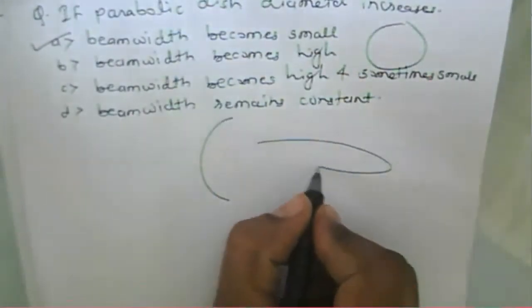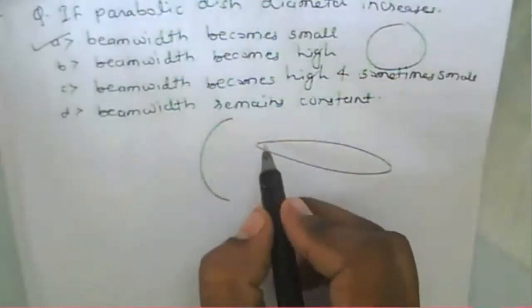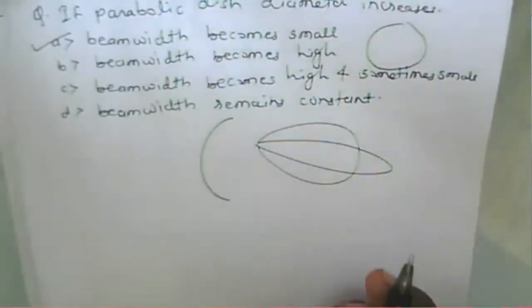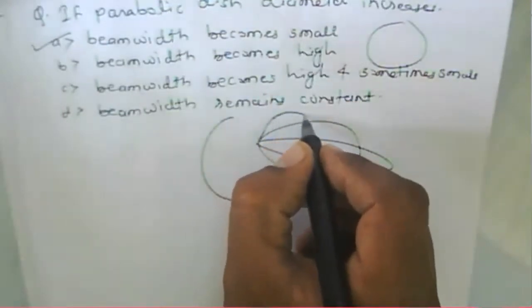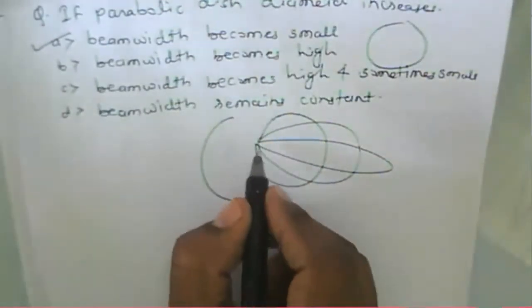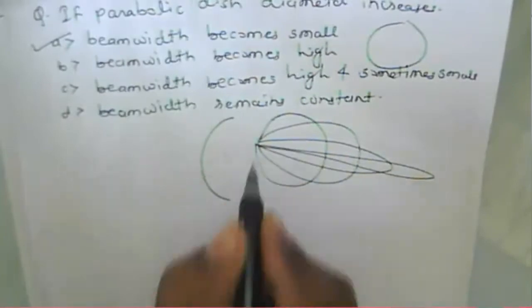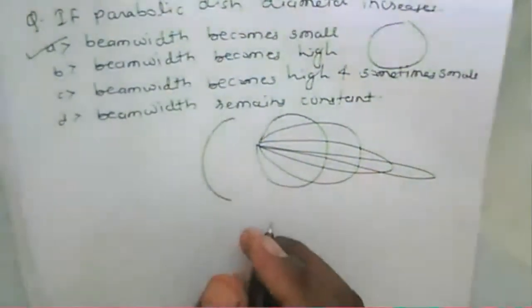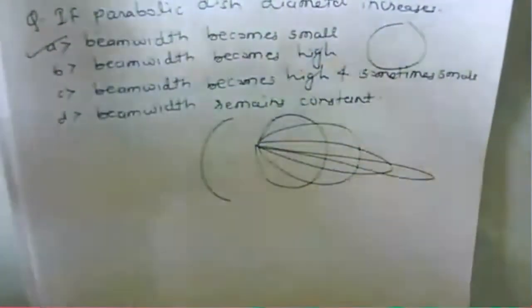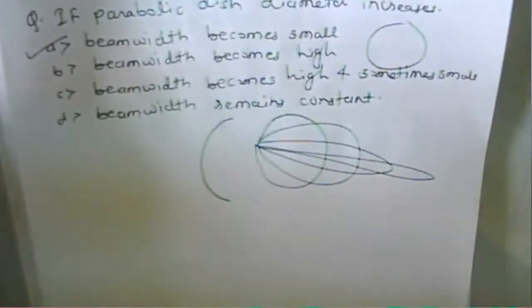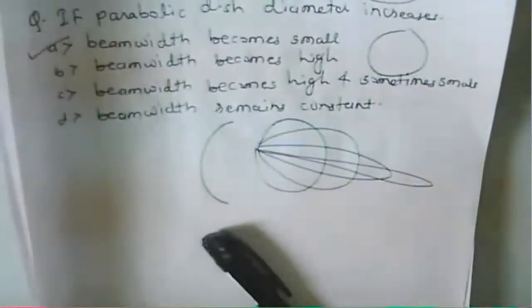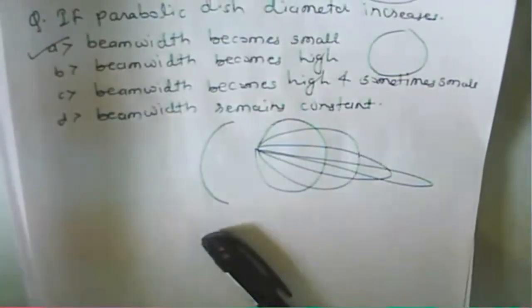If the diameter increases, then naturally your radiation pattern will be very small. If the diameter is smaller, the pattern will be larger. So the radiation pattern of an antenna changes based on the size or aperture area of that antenna.